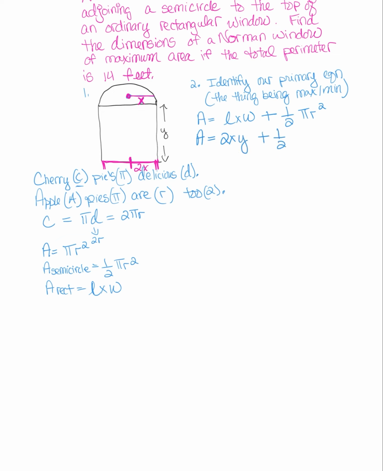Now our radius here, we made it in terms of x because it's the same length as half of our length of the bottom of our window. So we'll say pi x squared. Beautiful. But we still have more than one variable. So what do we do?